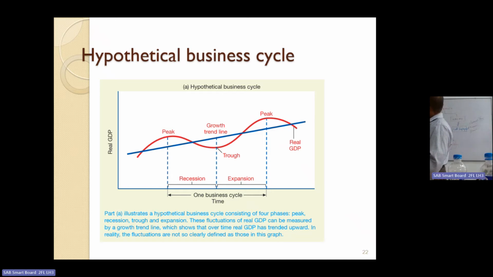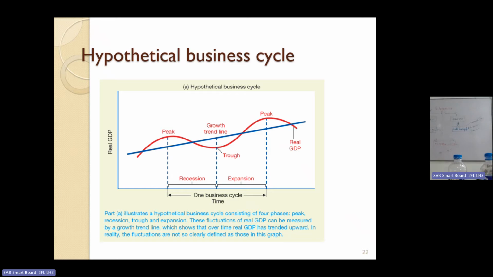Based on this actual behavior, if we plot the trend line, this blue line explains the potential output. So the business cycle explains how the actual output departs from the potential output level, fluctuating above and below the potential output level.